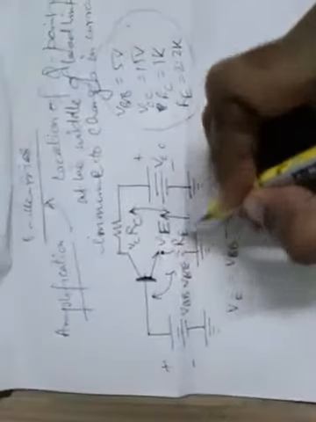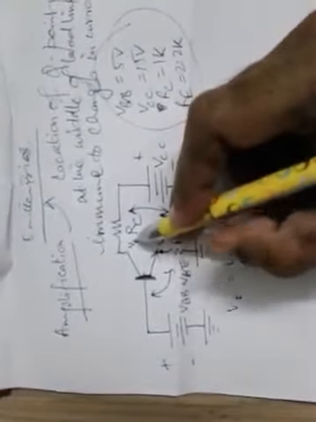If we apply KVL in the output loop, VC is the voltage at the collector terminal, VE is the voltage at the emitter terminal, and the voltage between VC and VE is denoted by VCE. So in the collector circuit or in the output circuit, we can write VCE is nothing but VCC minus ICRC.